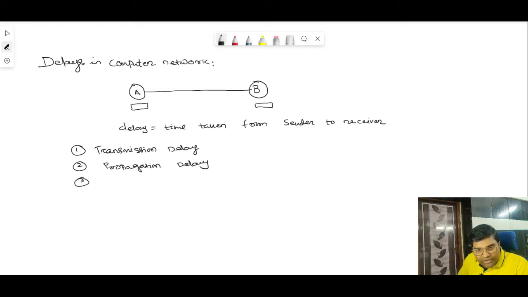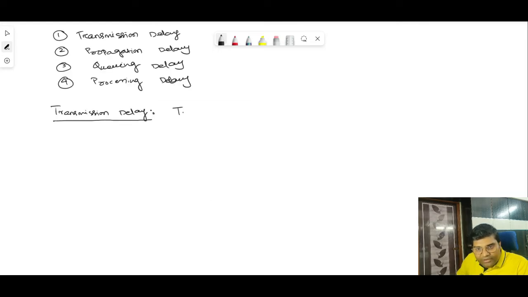And then queuing delay. And the processing delay. Normally transmission delay we denote as TT. So what is this transmission delay?